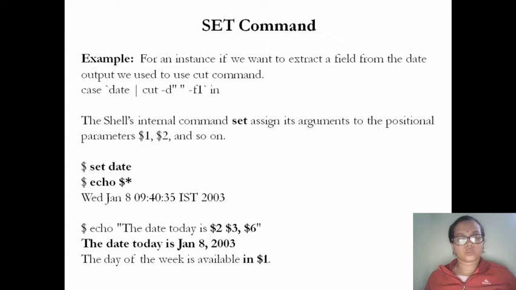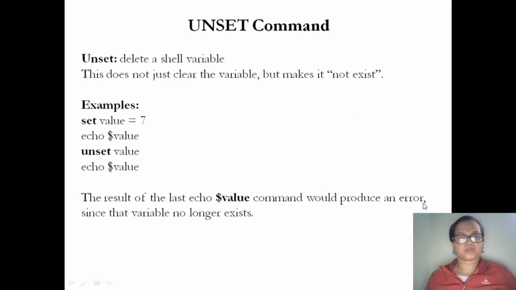If you want to know the day of the particular date, then you can call for $1. So instead of using the cut command, I can use the internal set command, which assigns its arguments to positional parameters, and by using those positional parameters, it is much easier to display the output.